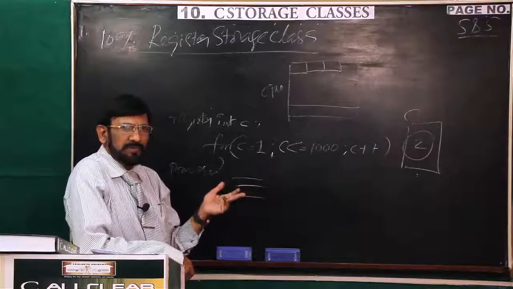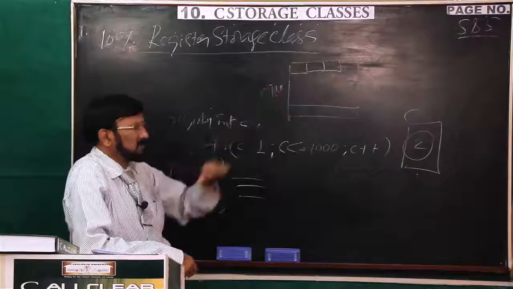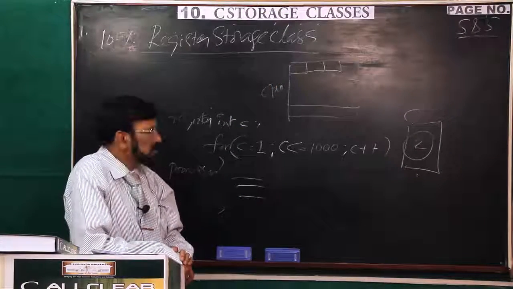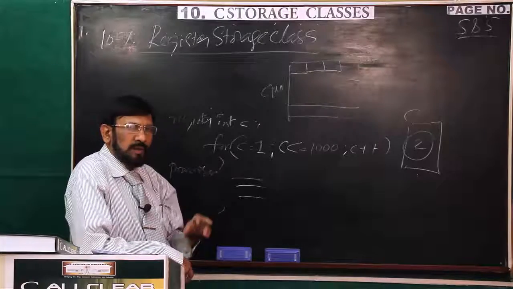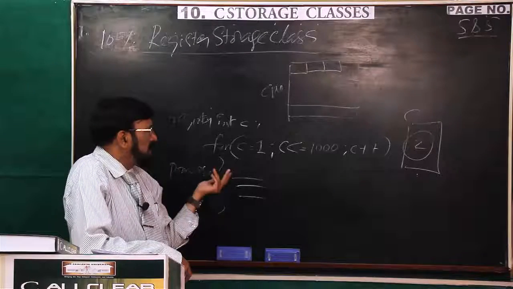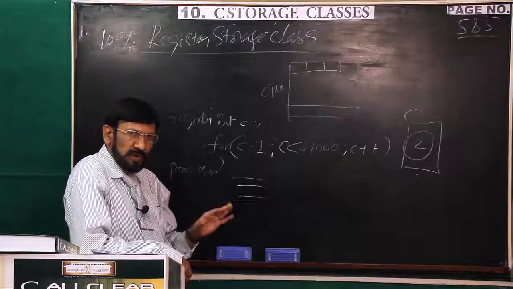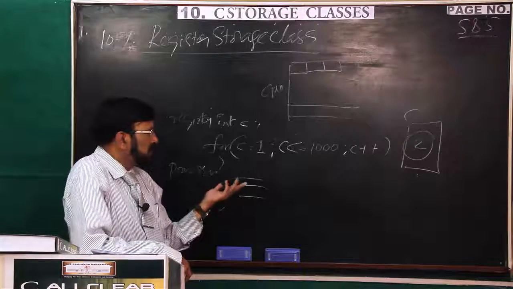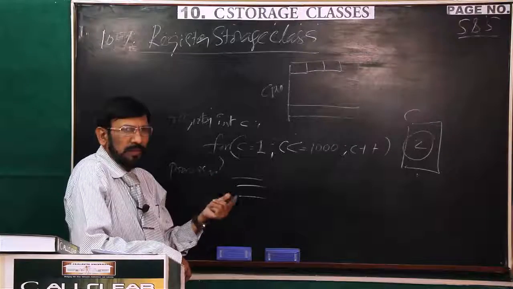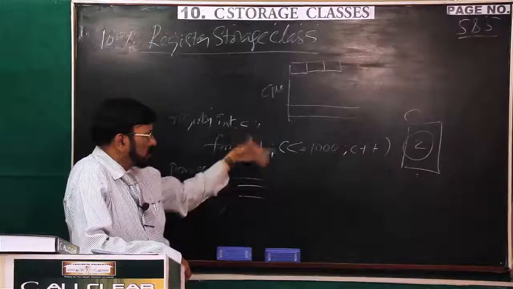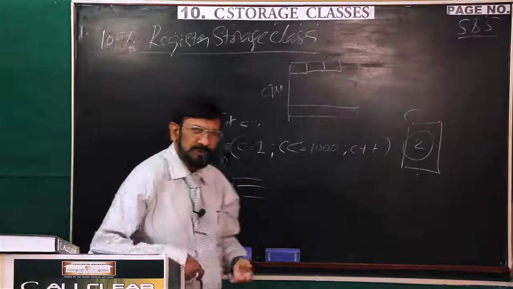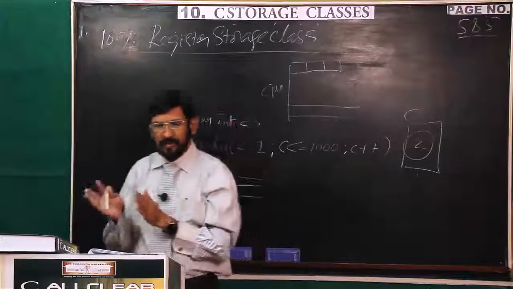It may be rejected, because the CPU registers are very busy performing their job. So the system may not allocate CPU registers for this purpose. In such a case, no error will come. Whether it accepts or not, we do not know. If it accepts, overheads are reduced and your program is executed faster. That much we can tell.